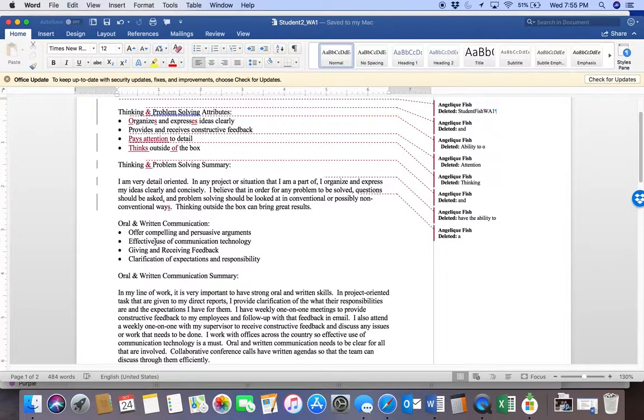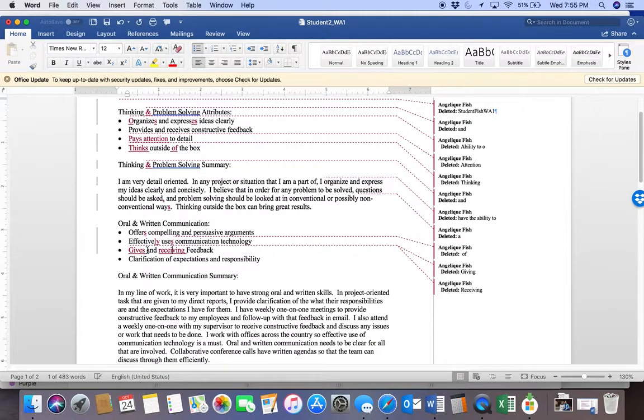Effective use. So we have offer as a verb, and up here we used organizes, like with an S, and we have offer here, so it should be offers. Compelling and persuasive arguments. How about effectively uses, because we want to be parallel format, right? Effectively uses communication technology, and then gives, and why is this capitalized?